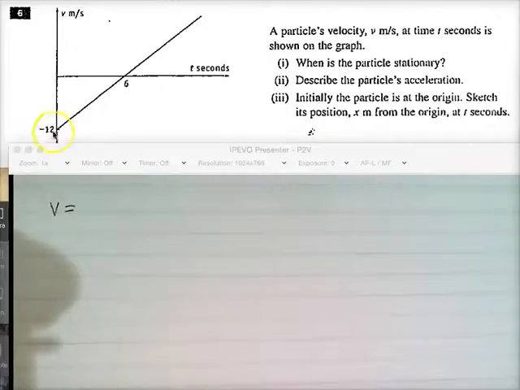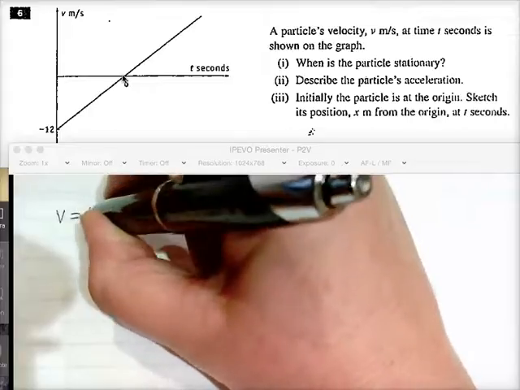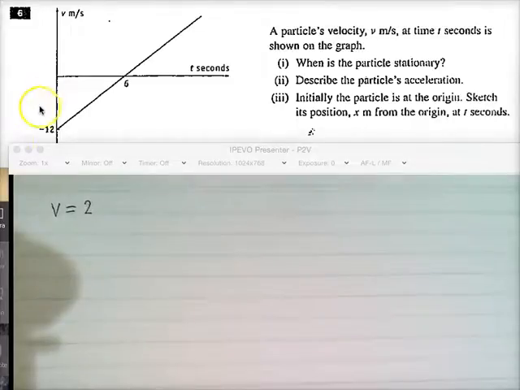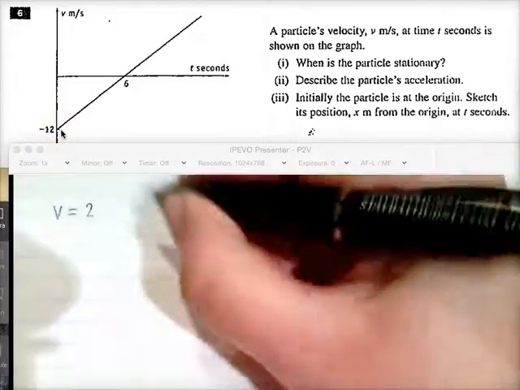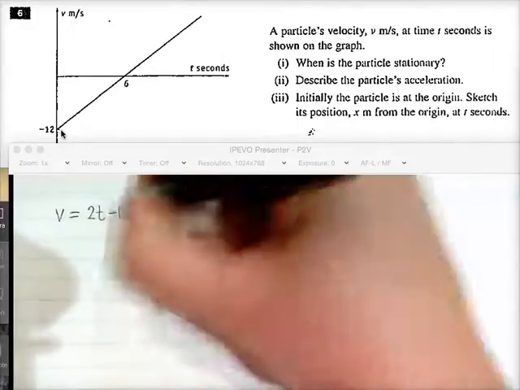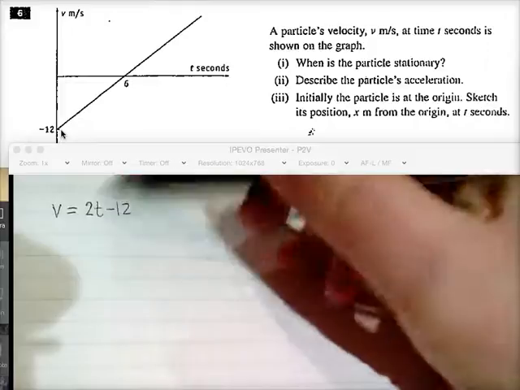I can work out the gradient by rise over run. The rise is 12 and the run is 6, so the gradient is 2. It's like y equals 2t, and the y-intercept is negative 12. But we've got v and t, so it's v equals 2t minus 12. That's the equation for velocity.